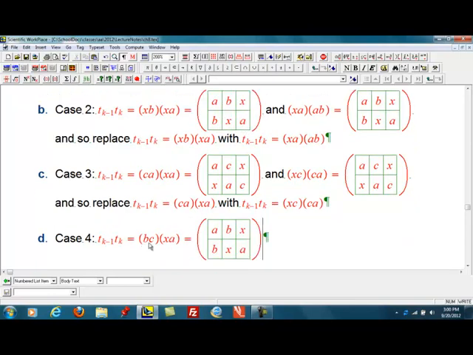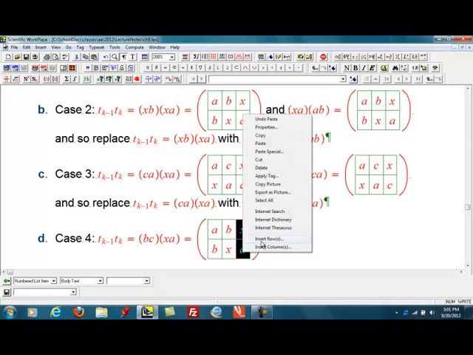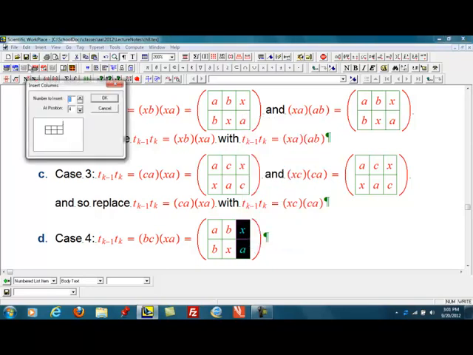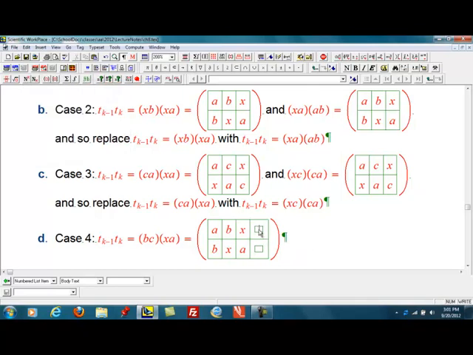So, calculate this one. So, A, B, C, X. Actually, this one's easier. We don't need the whole, well, we'll put it in here. Insert a column. Yeah, so A goes to what? B goes to C. X goes to, and C goes to B. What's happening with this one?